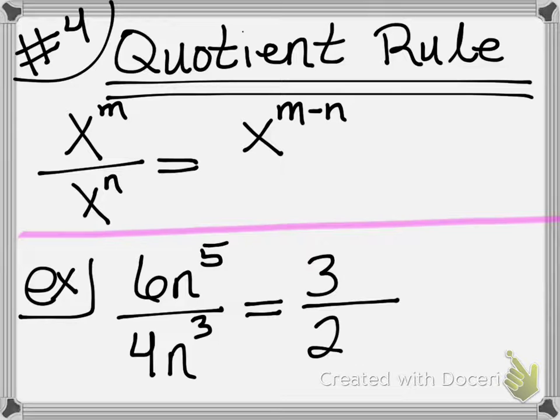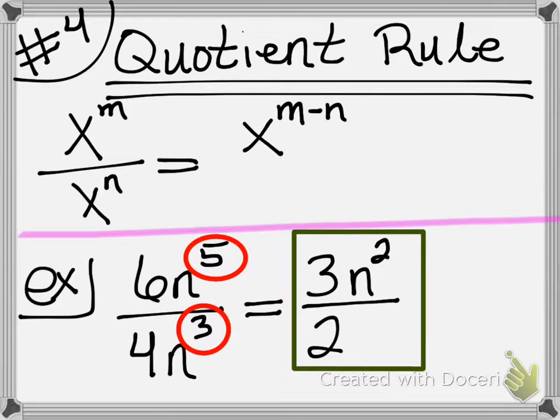So done with the coefficients. Next, focus on our variables. Following this rule, I know we're going to subtract the 5 and the 3. So I'm going to write that variable in the numerator and subtract them, which is a 2. Everything is simplified here, no negative exponents, so that's an answer.